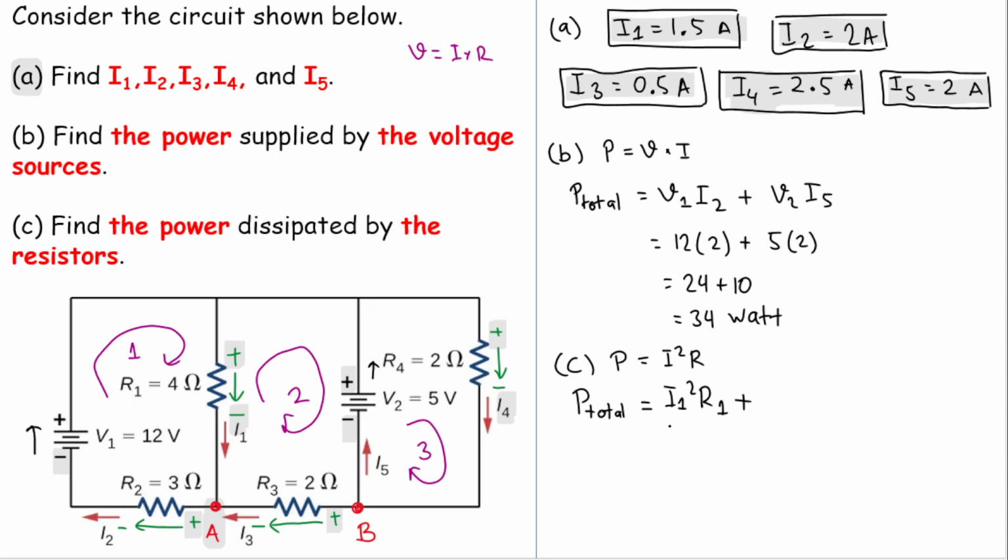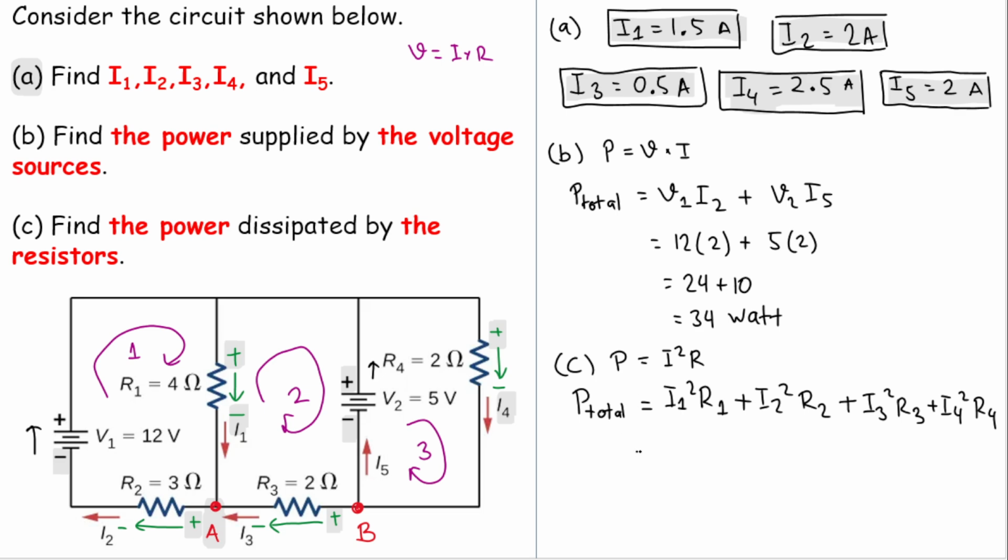And then for R2, we will have this one here, and the current that passes through it is I2. So I have I2 squared multiplied by R2. And then for R3 is here, and I will have I3 squared multiplied by R3. And then I4 squared multiplied by R4.